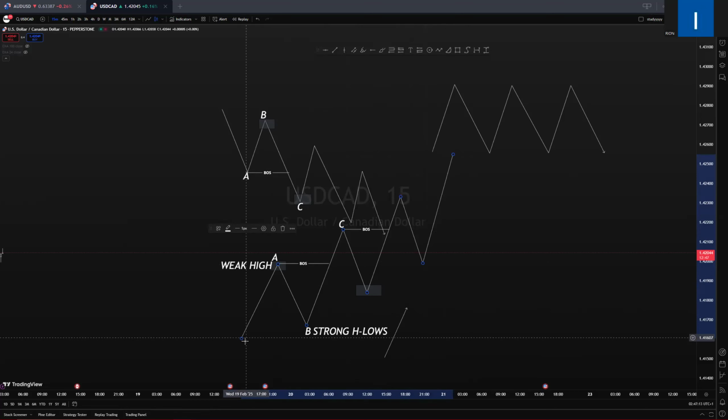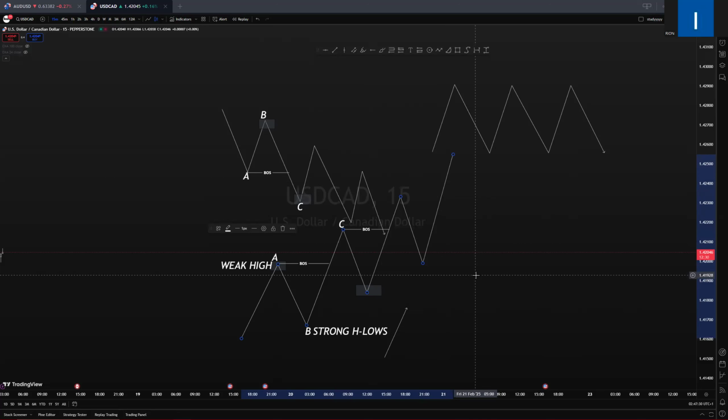So we have A, B, C, then C creates a new A and we start from here again. You understand? It just keeps moving that way.